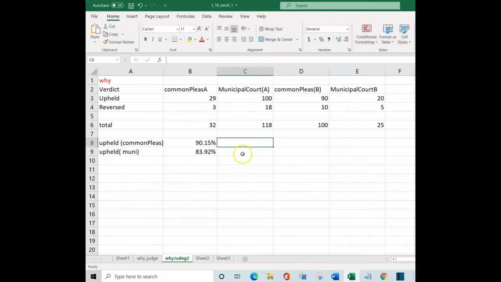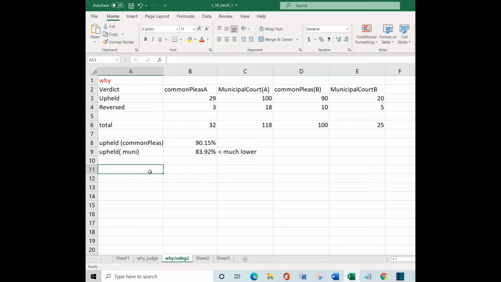So this is a much lower rate. Okay, one is 90%, one is 84%.